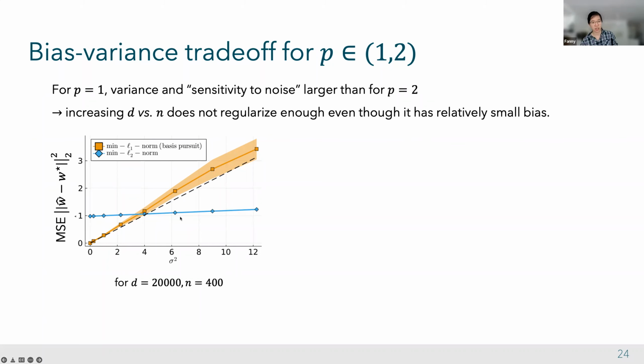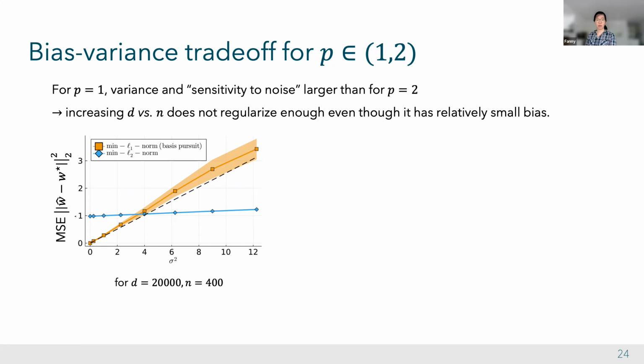This is what we showed in this experiment, where we have d very large, 20,000, and only 400 samples. When you compare the sensitivity to increasing noise, you see that the L2 norm is essentially constant in terms of the MSE, but the L1 norm really suffers a lot from the increase of the noise. So it's much more sensitive.